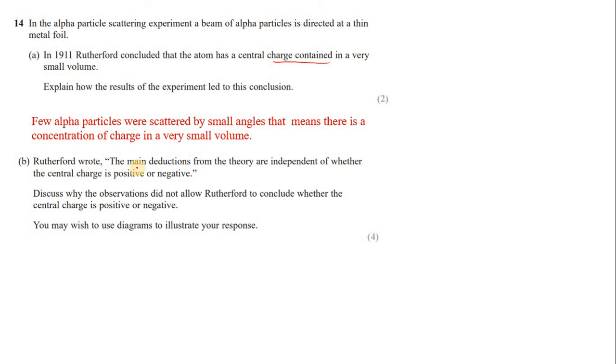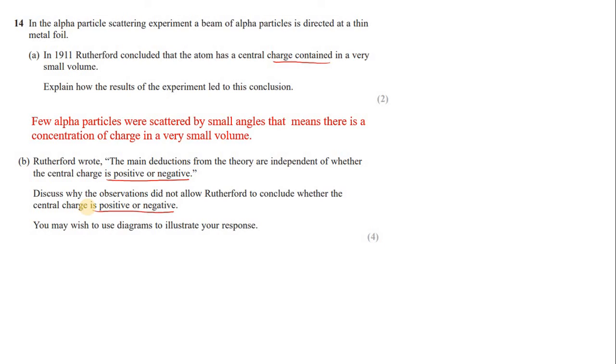Rutherford wrote that the main deductions from the theory are independent of whether the central charge is positive or negative. Discuss why the observation did not allow Rutherford to conclude whether the central charge is positive or negative.